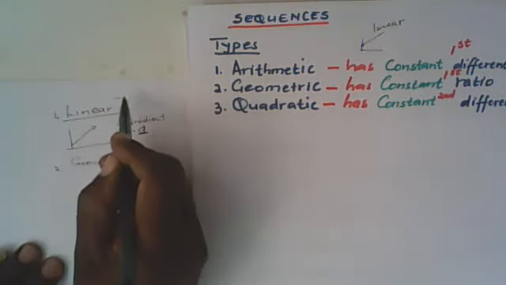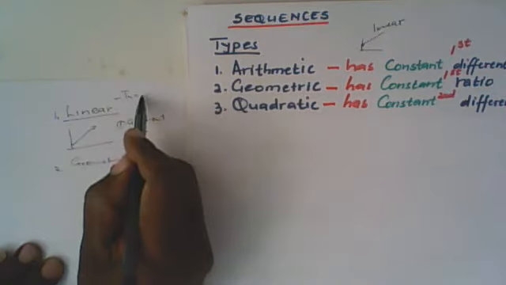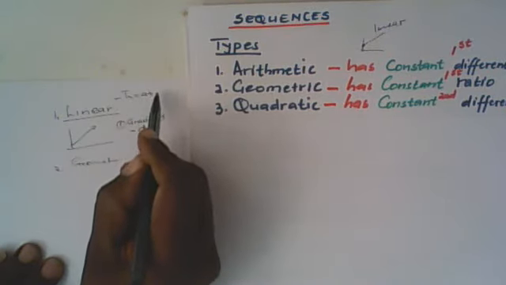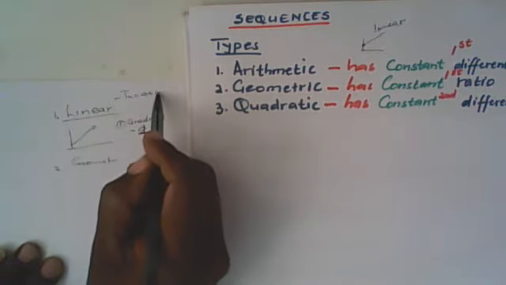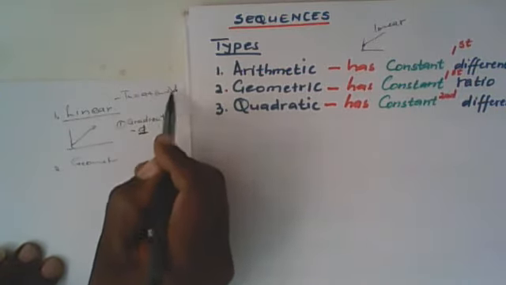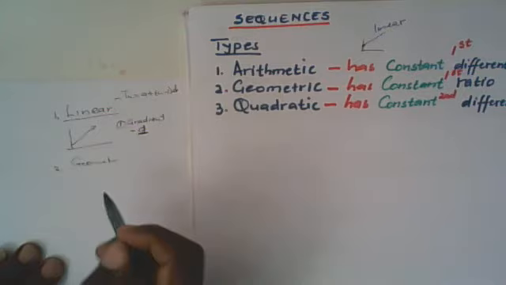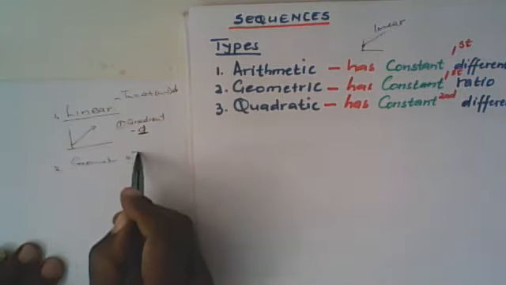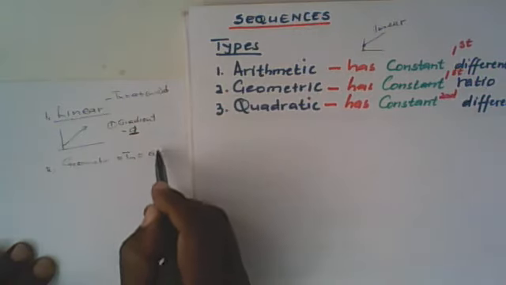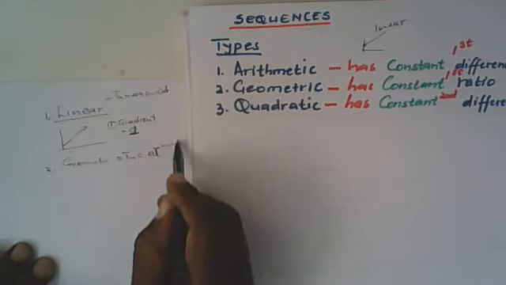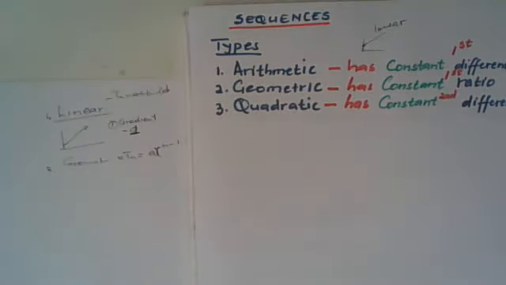And what is the function of linear? That is Tn is equal to a plus (n minus 1)d. And then here we have Tn is equal to a r to the power n minus 1, ar^(n-1).